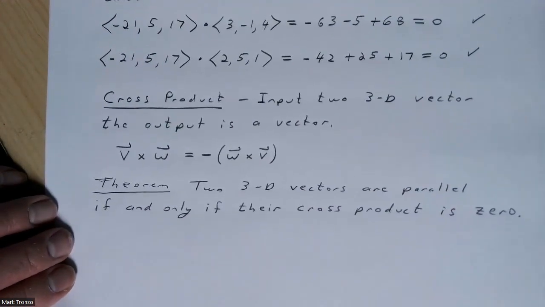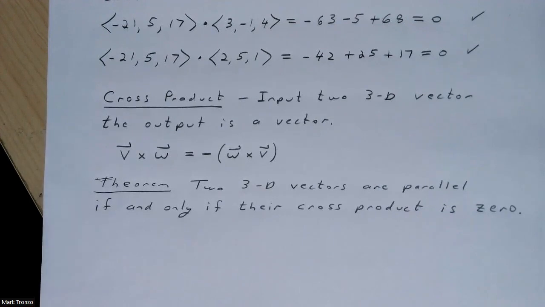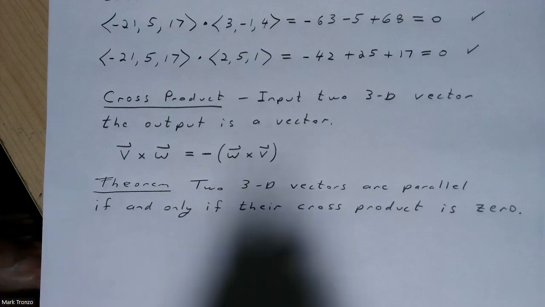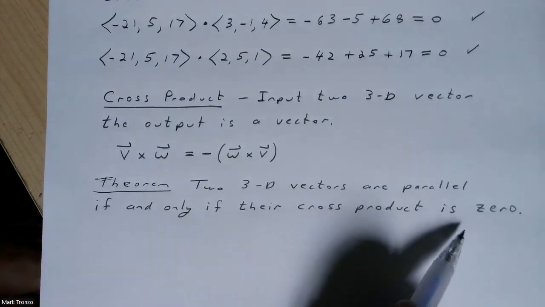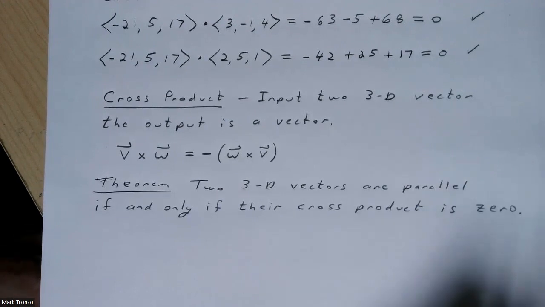Remember, for the dot product, if the dot product of two vectors is 0, that means they were perpendicular. In the case of the cross product, if the cross product is 0, then they're parallel.